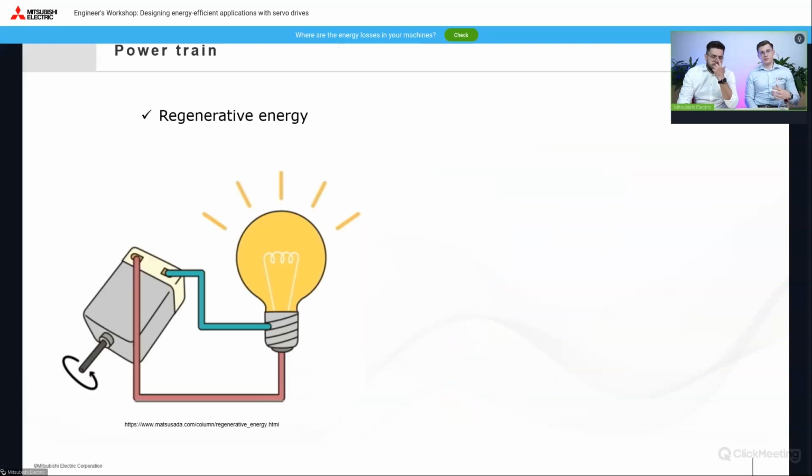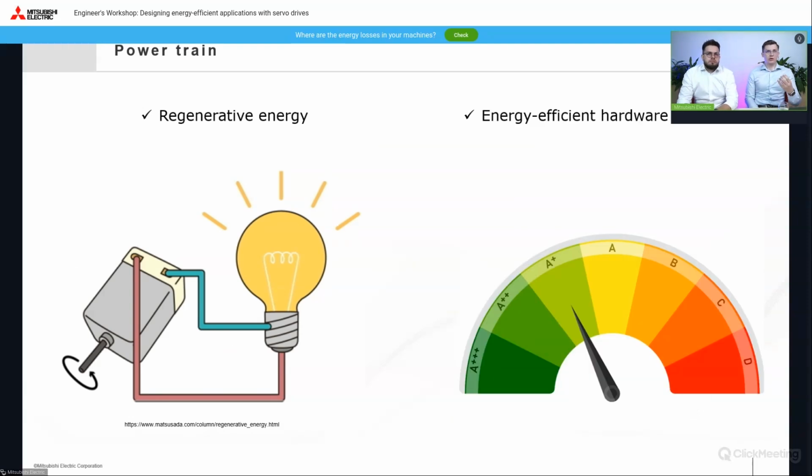Okay, so in the powertrain, we have two important topics: regenerative energy and hardware with high energy efficiency. I think the second one is clear, but let's explain to everyone what regenerative energy is. Where does it actually come from?